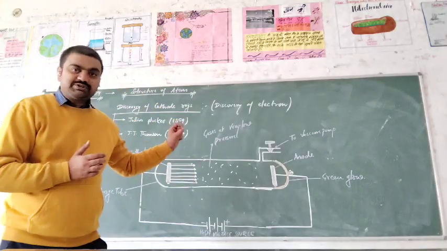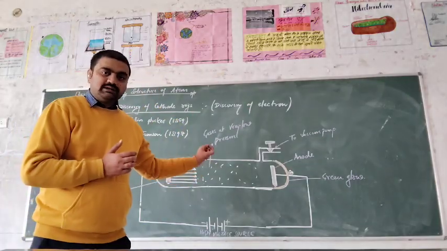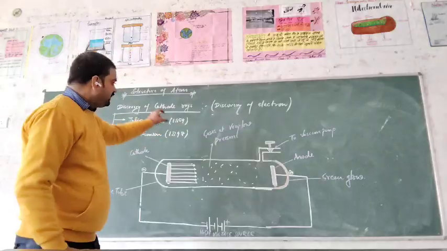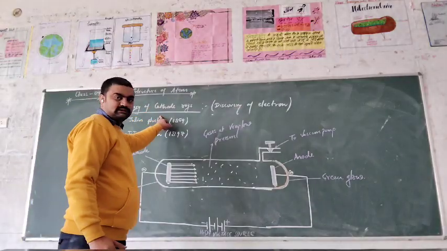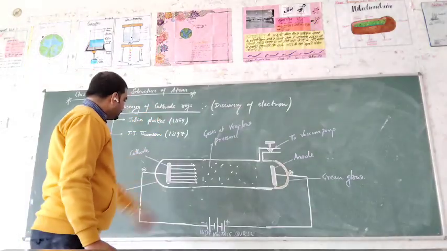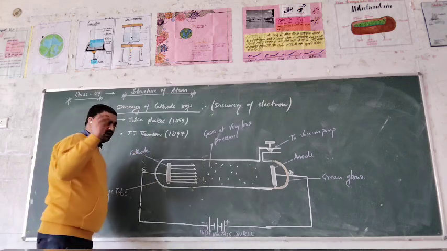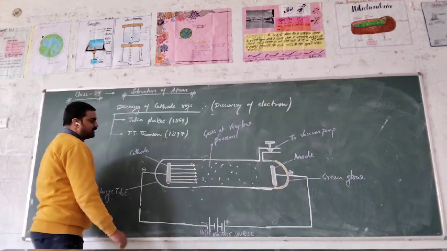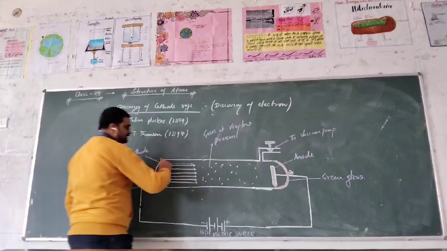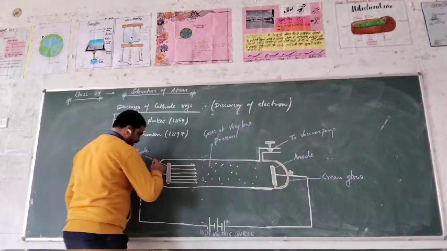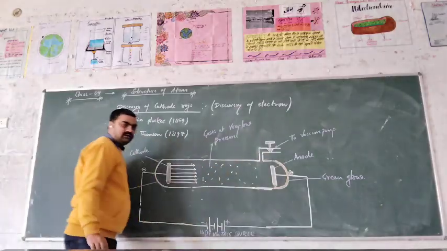Because this discharge tube experiment leads towards the discovery of the cathode rays. Clear? In the discharge tube experiment, first of all, he took a hard glass tube which is known as the discharge tube, and it is like this.